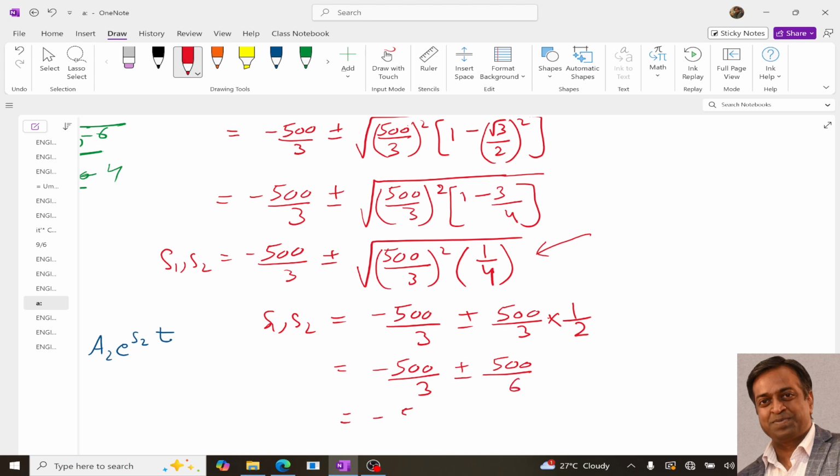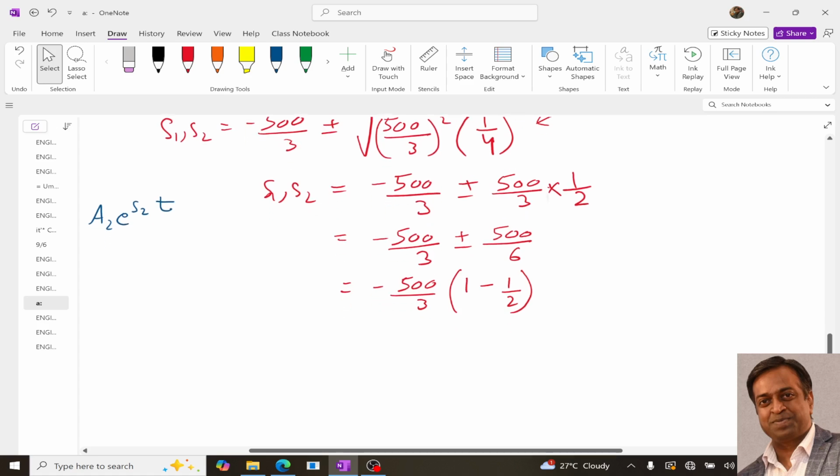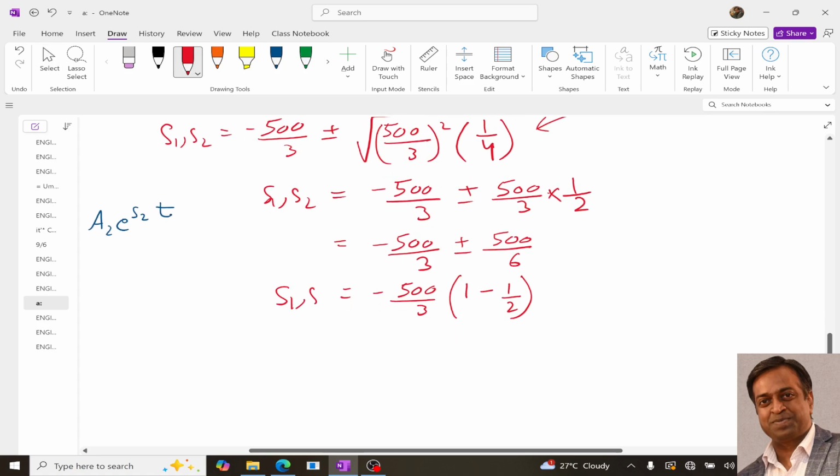So minus 500 by 3 into 1 minus 1 by 2, right? So S1 S2, we get the two values. So it is plus minus. Over here we can write it as minus plus.